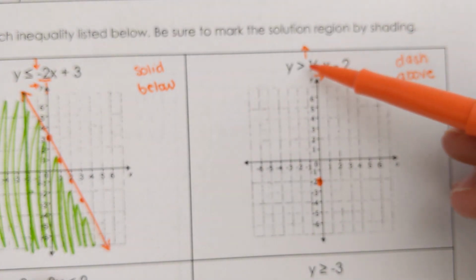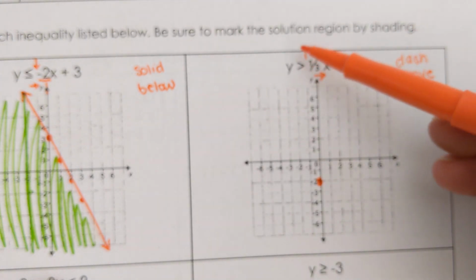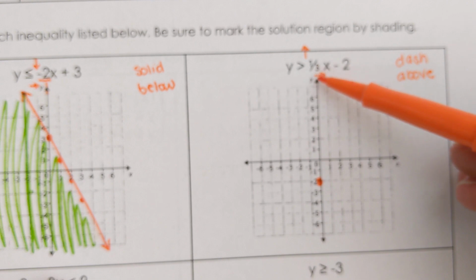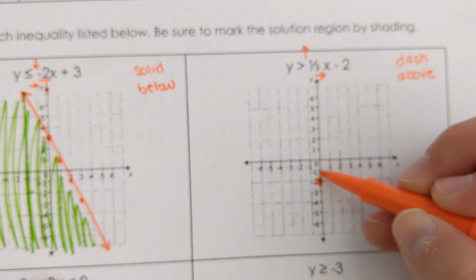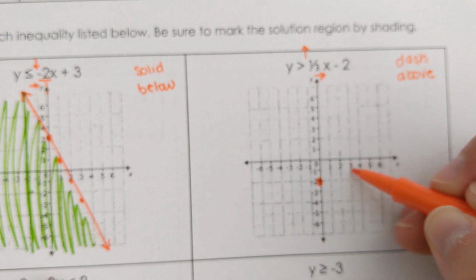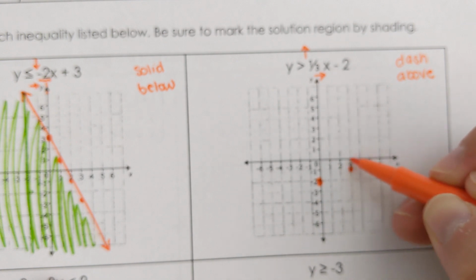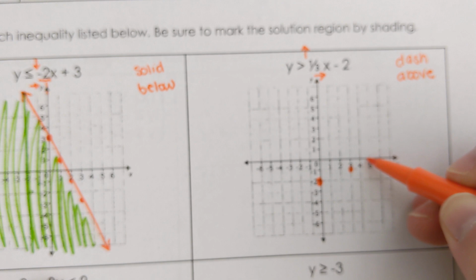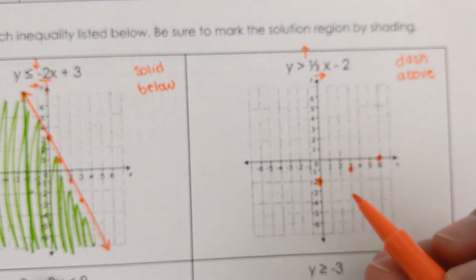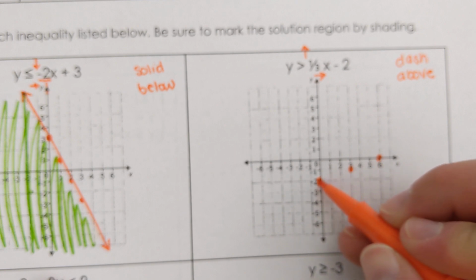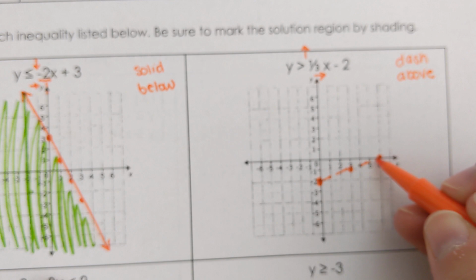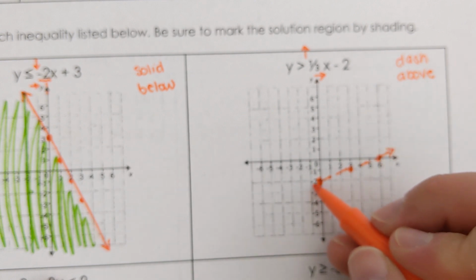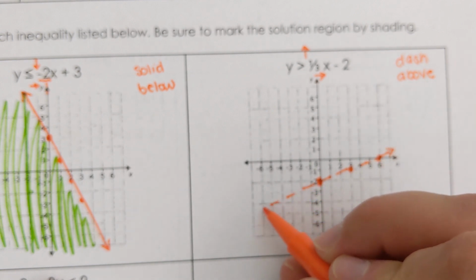So remember that for your slope, the first number always tells you how much you go up or down, then how much you go left or right. So from here, up 1, right 1, 2, 3. Up 1, right 1, 2, 3. And then this time I'm going to draw a dashed line. Here's how I do mine. I just drop it, break, break, break, break.